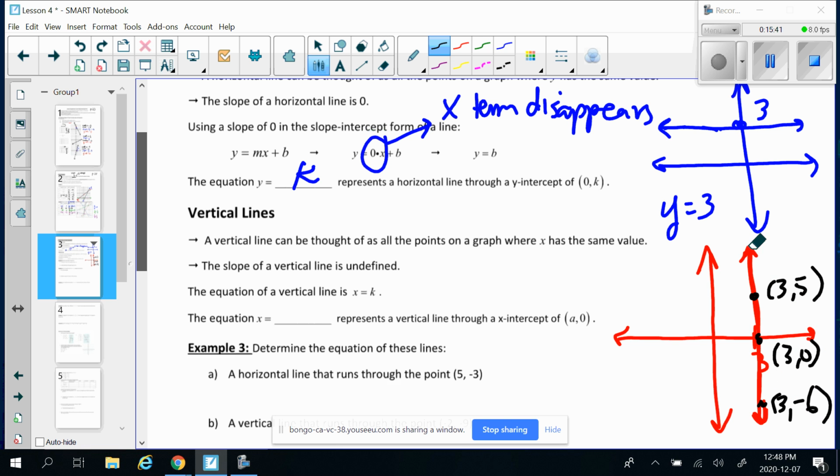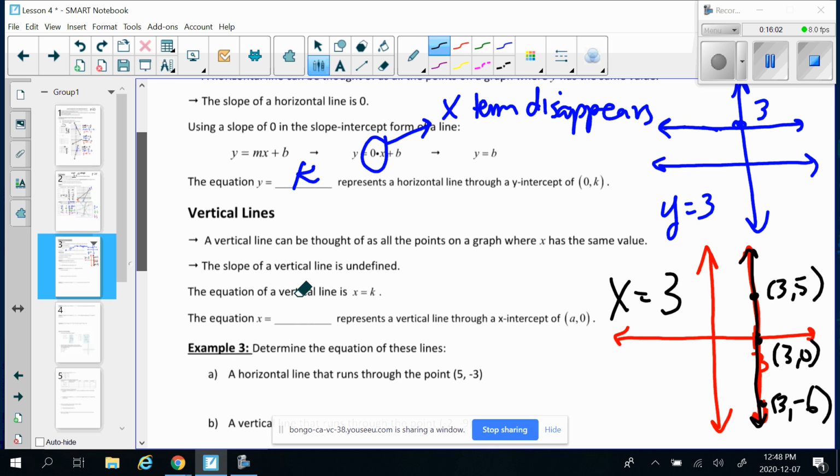So no matter what value you pick along this line, it is going to have an x value of 3. So the equation of this line is going to be x is equal to 3, no matter what y is. And that's really confusing because it's difficult for students to process what this undefined slope actually means.